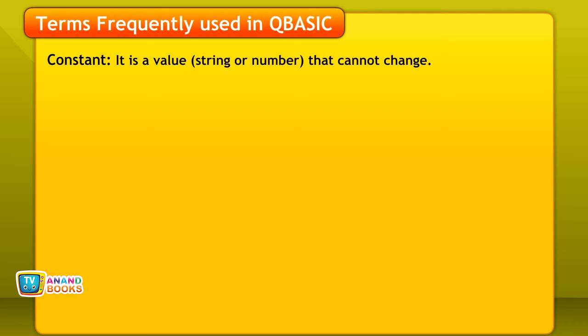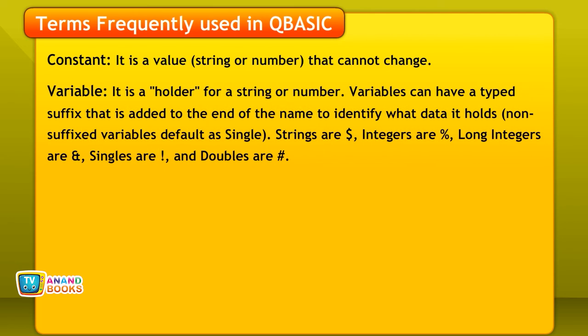It is a value, string or number that cannot change. Variable. It is a holder for a string or number. Variables can have a typed suffix that is added to the end of the name to identify what data it holds.